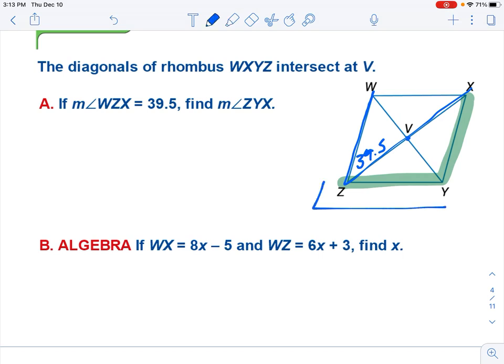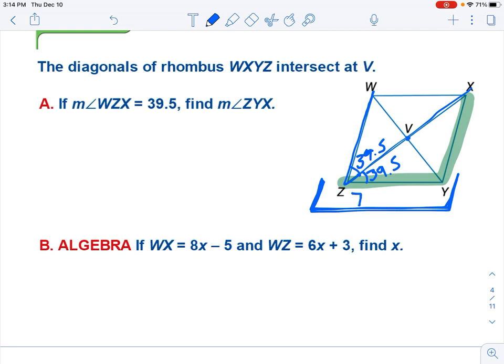So a good thing to note here is in parallelograms, if you recall, that consecutive angles add and equal 180. So we're going to use that right here. We also know that in a rhombus, diagonals bisect each other. So this guy here is 39.5 because these two must be congruent.